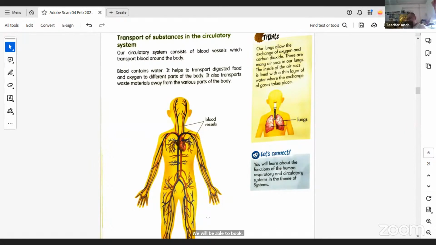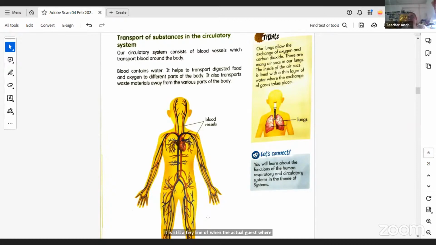our lungs, respiratory system, our lungs also contain water, a bit of water, not all, a bit. There are many air sacs in our lungs, like small balloons. They are filled with a tiny line of water for when the exchange of gas takes place.